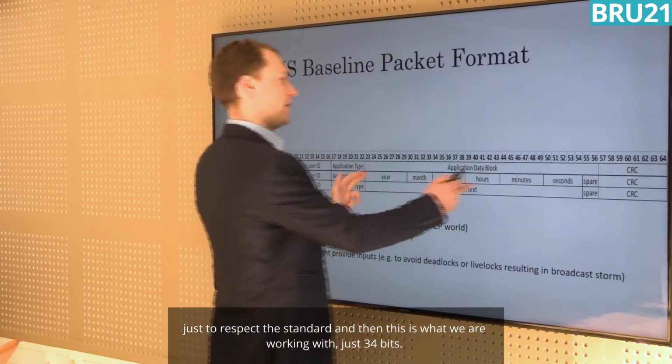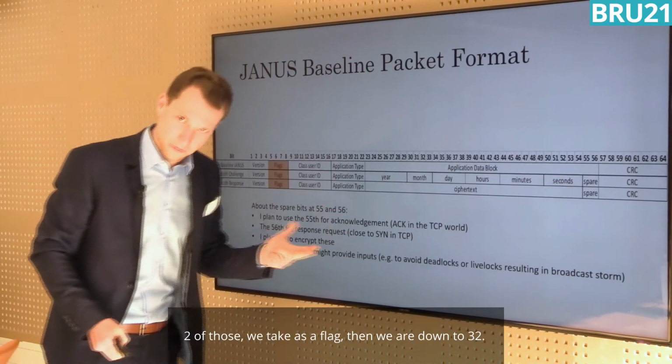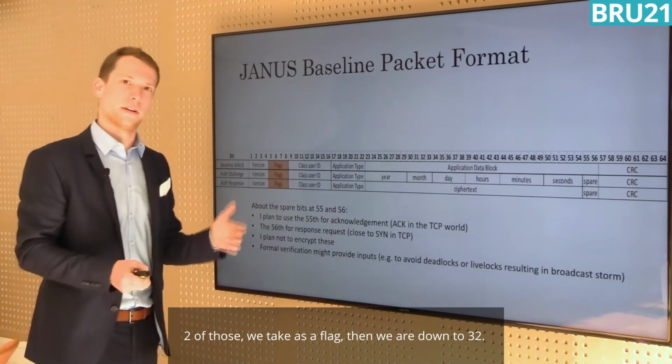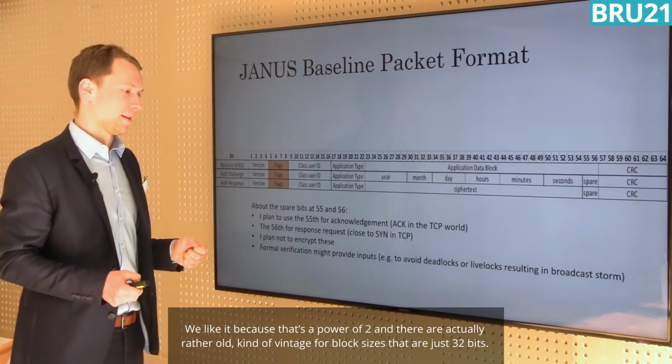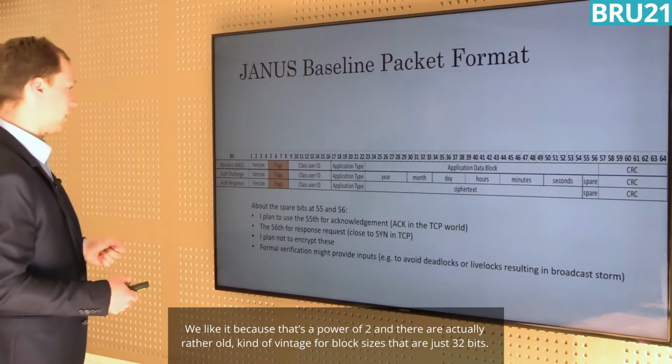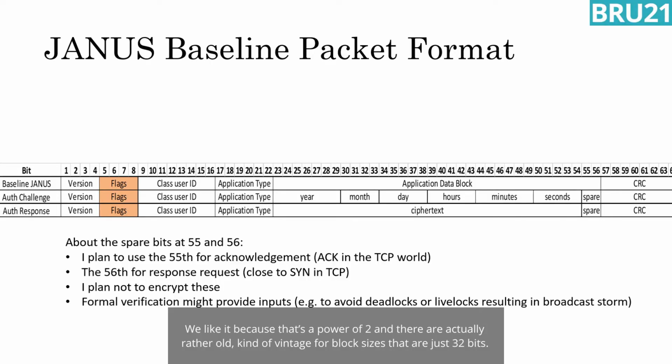And then this is what we are working with, just 34 bits. 2 of those we take as a flag, then we are down to 32. We like it because that's a power of 2. And there are actually rather old, kind of vintage encryption methods for block sizes that are just 32 bits.